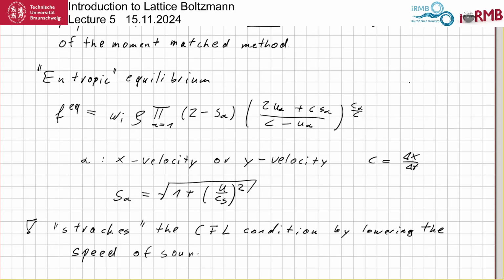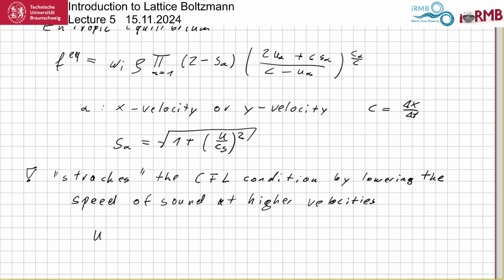This method starts with the correct speed of sound, but if the velocity gets higher, it lowers the speed of sound, and it actually lowers it until it becomes 0 for very high velocities, apparently. You remember we have u plus cs must be smaller than c. So if you make cs smaller with increasing u, you can stretch the CFL condition and stay more stable.